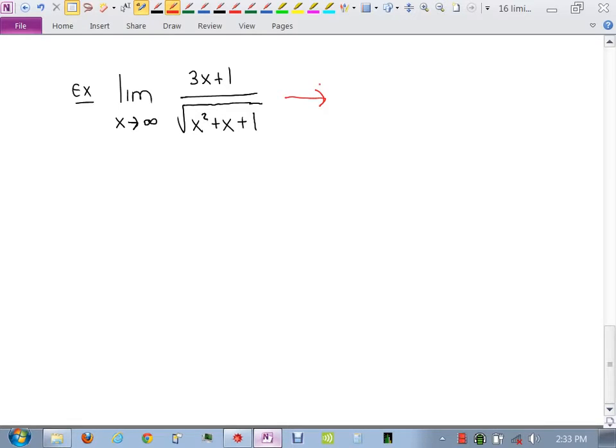So the numerator, 3 times infinity is infinity plus 1. Infinity plus 1 is infinity, right? Divided by infinity squared plus infinity plus 1 is all infinity. Square root of infinity, still infinity. Does that make sense that that would still be infinity, square root of infinity?